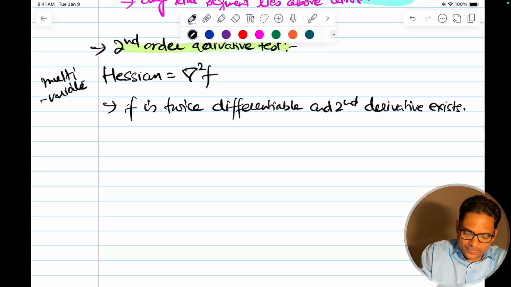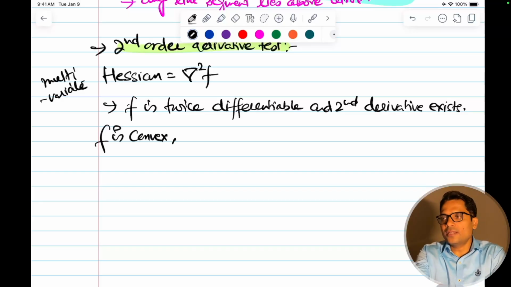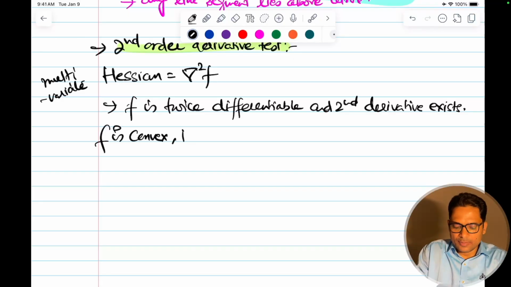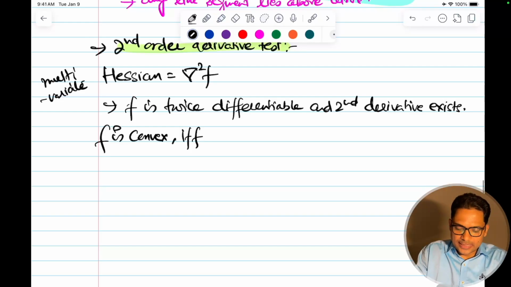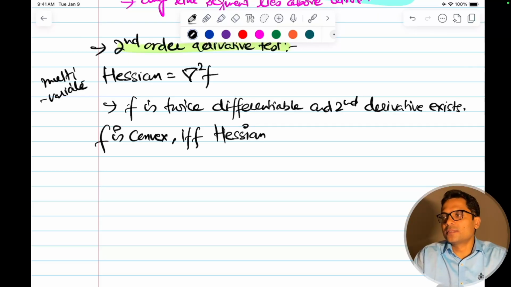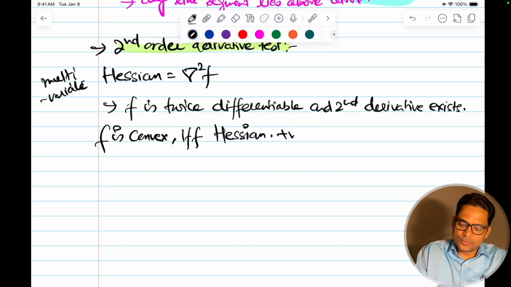This is the requirement, and f is convex if and only if the Hessian is positive semi-definite. Let me write it in full, positive semi-definite.